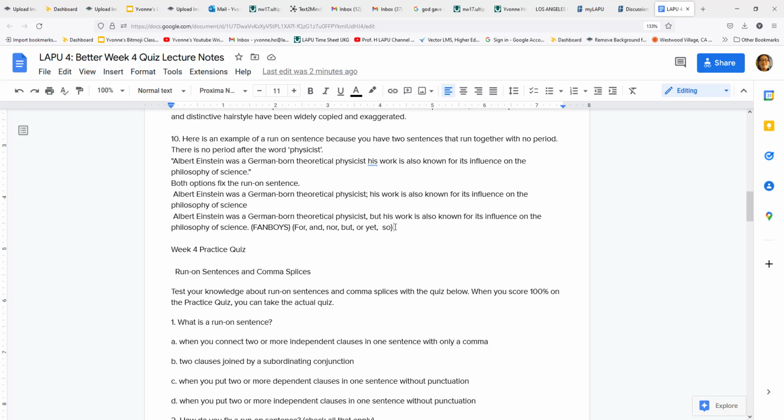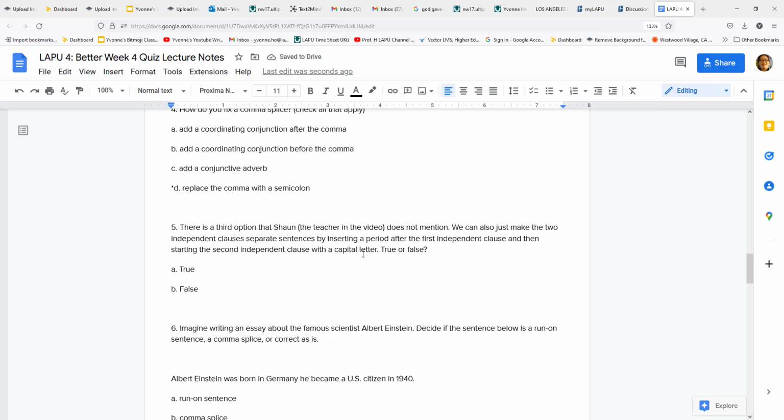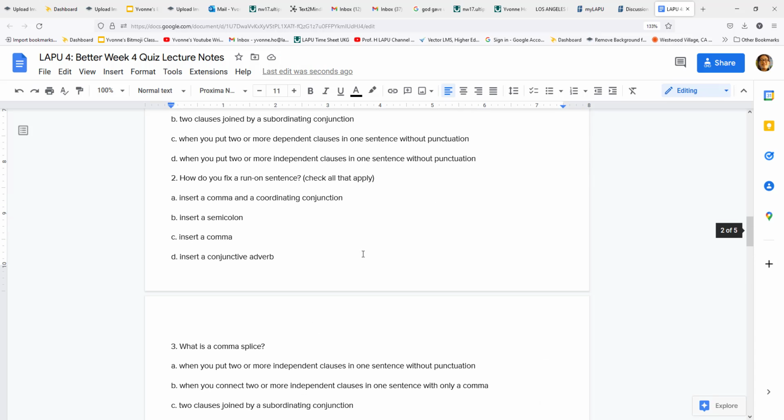So this is a conjunctive adverb. And so the answer to number 2 should have more than one. Okay, so number 2 should be A, B, and C. Sorry, A, B, and D. All right, so I need to write that on my answer sheet. Yeah, A, B, and D.